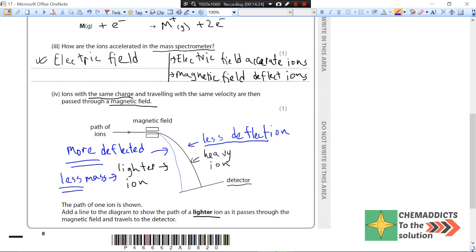Since this one over here has less mass, it is easier to deflect it more. These both have the same charge.